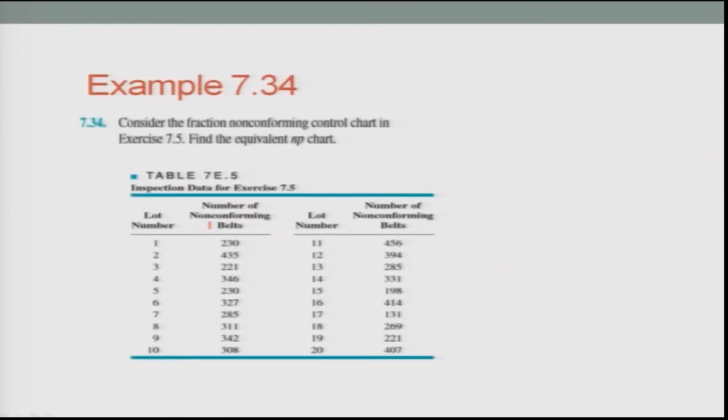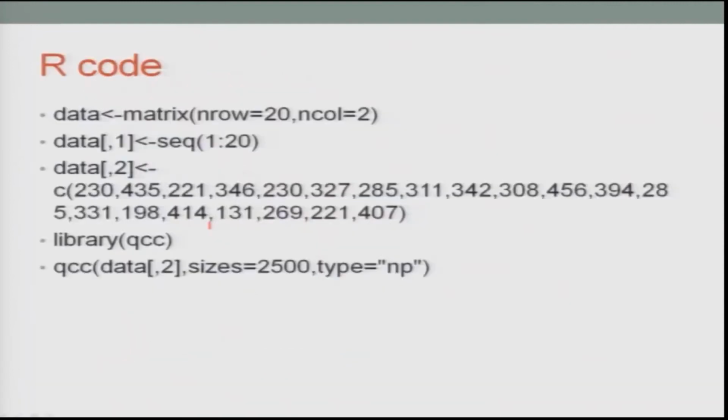Now, let us consider the fraction non-conforming control charts, and we want to find the equivalent NP charts. The lot number is given from 1 to 10 in the first column, and the number of non-conforming belts you are trying to test is given as 230 to 308, depending on the lot number. Again, in the third column you continue the lot number from 11 to 20, and the number of non-conforming belts is given as 456 to 407.